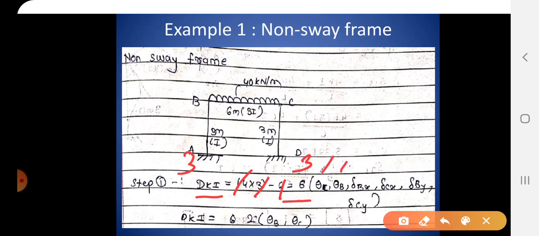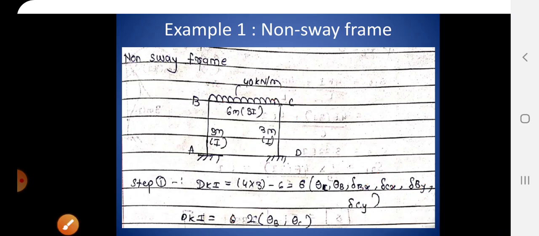Theta B, theta C, delta Bx, delta Cx, delta By, delta Cy. Out of that we will neglect delta Bx, delta Cx, delta By, delta Cy, neglecting axial deformation. We will remain with the degree of kinematic indeterminacy as 2, and the unknowns will be rotation at B and rotation at C, taking clockwise moments as positive.